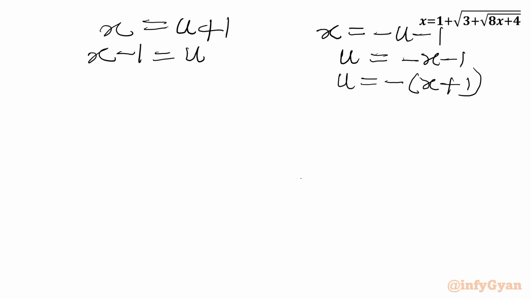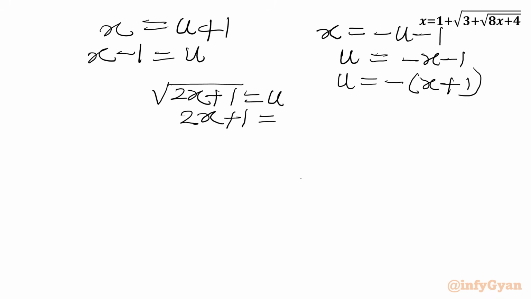Now our substitution is square root of 2x plus 1 equal to u. So if I square both sides, then 2x plus 1 will become u square. So I'll be squaring both the equations to get u square directly.